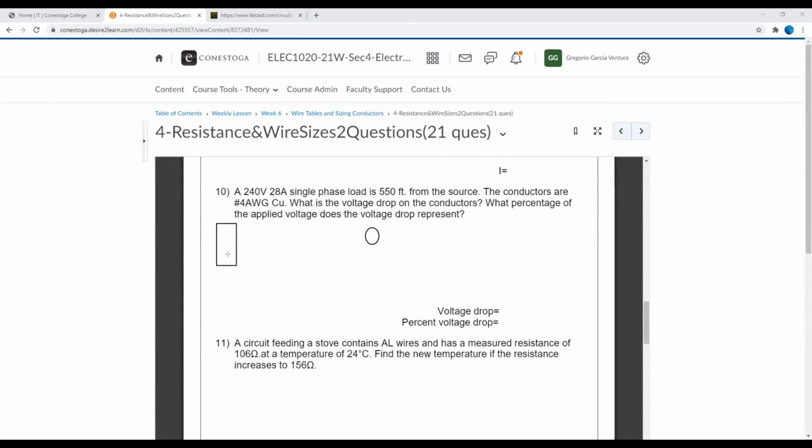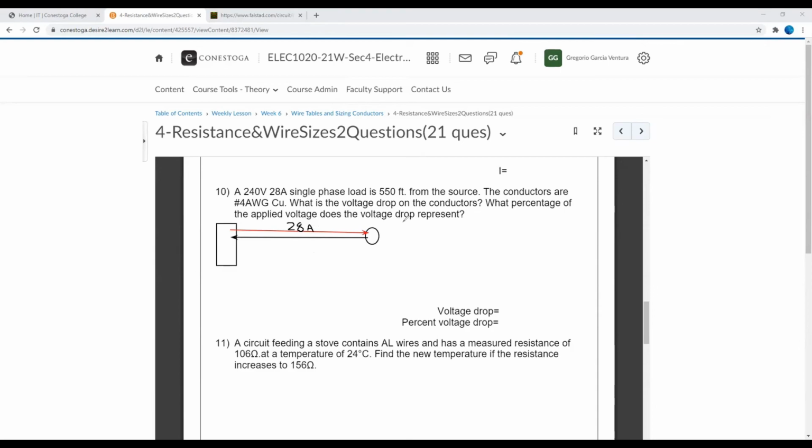My conductor, from here to here, it says a single phase load. So I have a conductor that brings the current, and I have my return. Okay, so that means that I'm going to have 28 amps on both conductors.